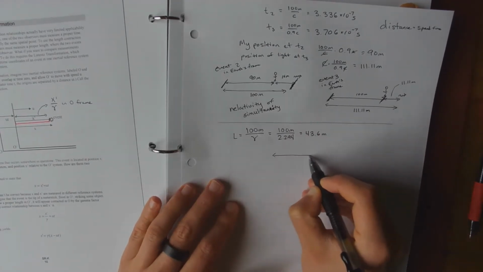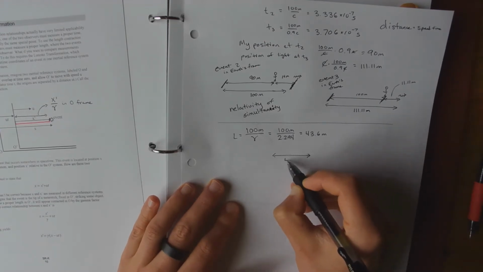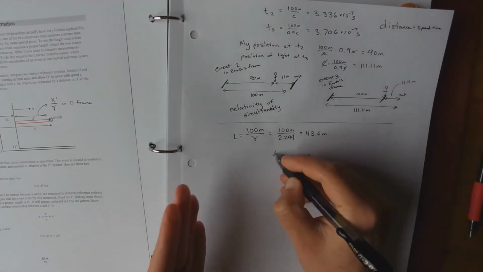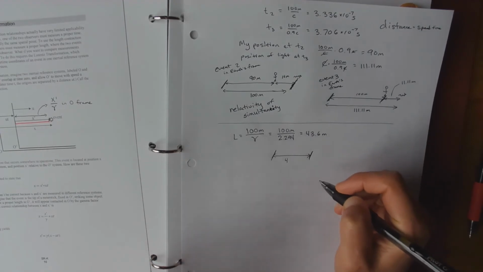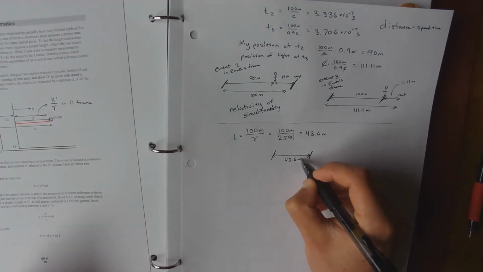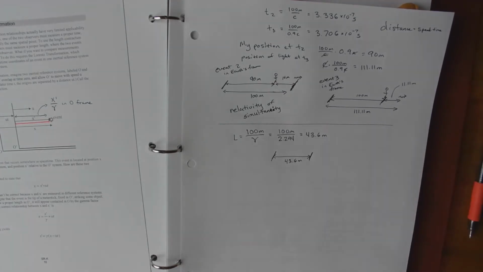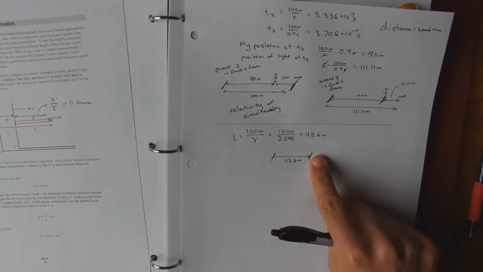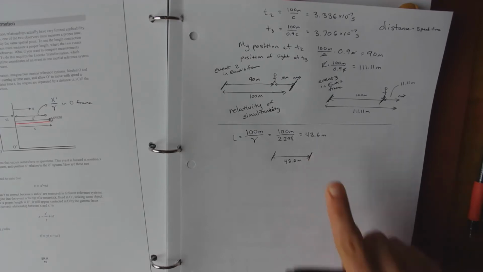So now, when you start running, you don't see the distance between the start line and the finish line as being 100 meters. You see the track moving and thus having a shorter length. So when you are at the finish line, the starting line would be 43.6 meters away.